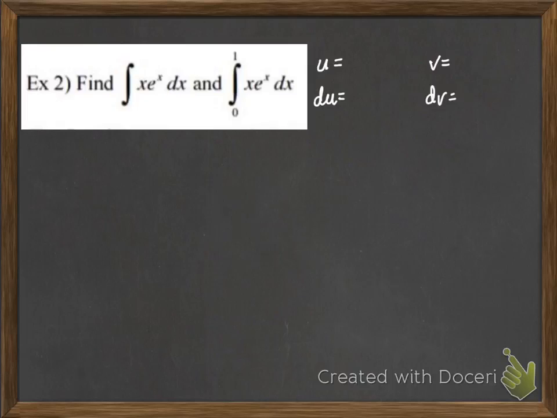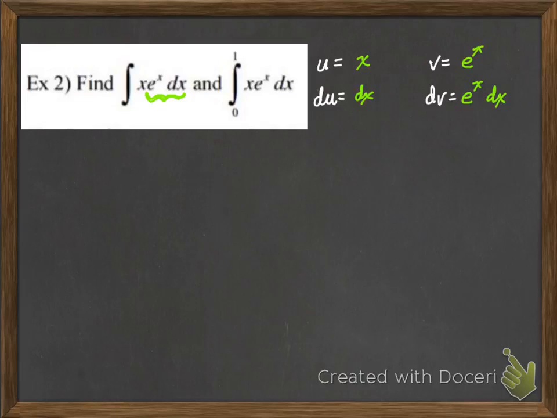Let's call u the x, and that means dv is going to be the rest of this, e to the x dx. Now the derivative of x just becomes 1 dx, and the antiderivative of dv is going to be e to the x.